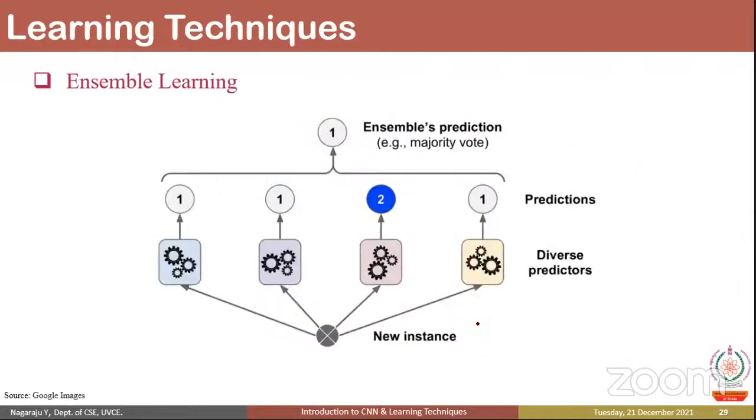The last one is ensemble learning. This is the last slide for this session, and then we will take a break. Then again we will come back for the next session. So this is ensemble learning. What it means is that these models are actually called weak models.